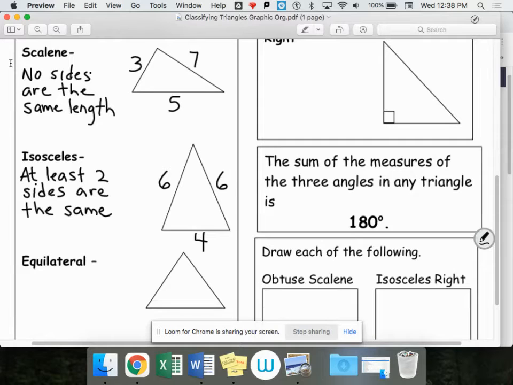So 2 of the sides are the same, 1 is different. And I didn't mention before, but when you're looking at measurements of a triangle in a drawing, the side lengths are going to be written on the outside of the triangle, kind of in the middle of the side that length represents. So this side right here, the length of it is 6.